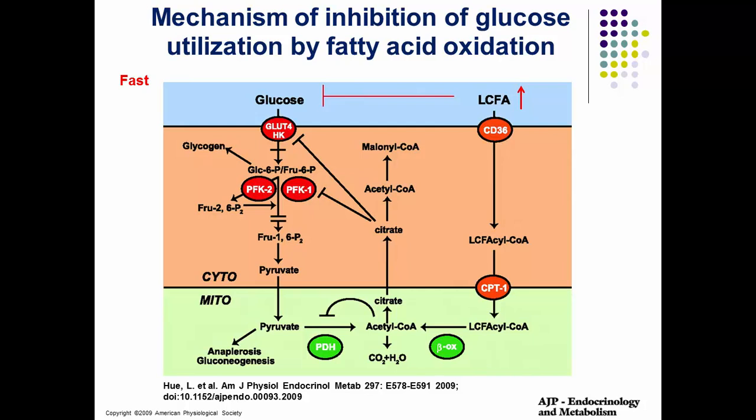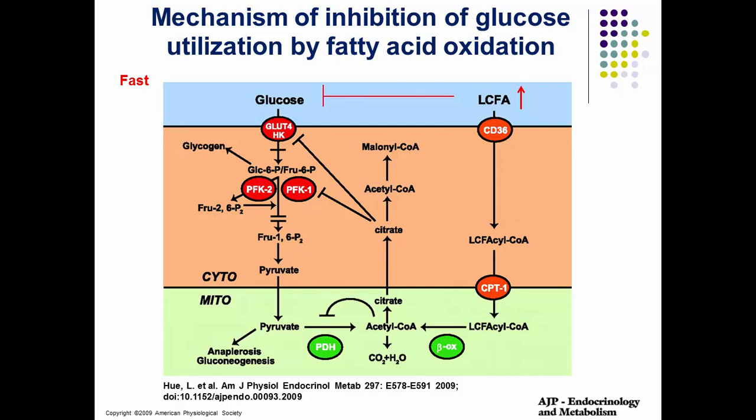So this is one mechanism for why increased fatty acid oxidation inhibits glucose oxidation: increased acetyl-CoA levels inhibit pyruvate dehydrogenase and inhibit glucose oxidation.